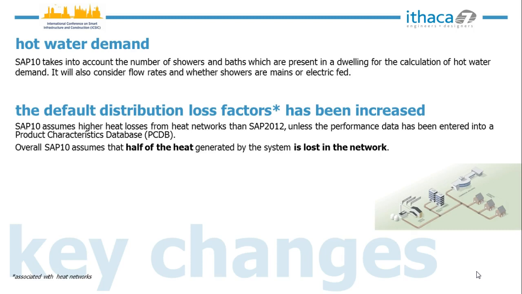The other thing is the default distribution loss factor, which is associated with heat networks. That massively affects what we used to have, say CHPs, the combined heat and power or district heating systems we have been installing in the past. Previously, SAP assumed only a small loss, whereas now half of the heat generated by the system is assumed lost in the network.